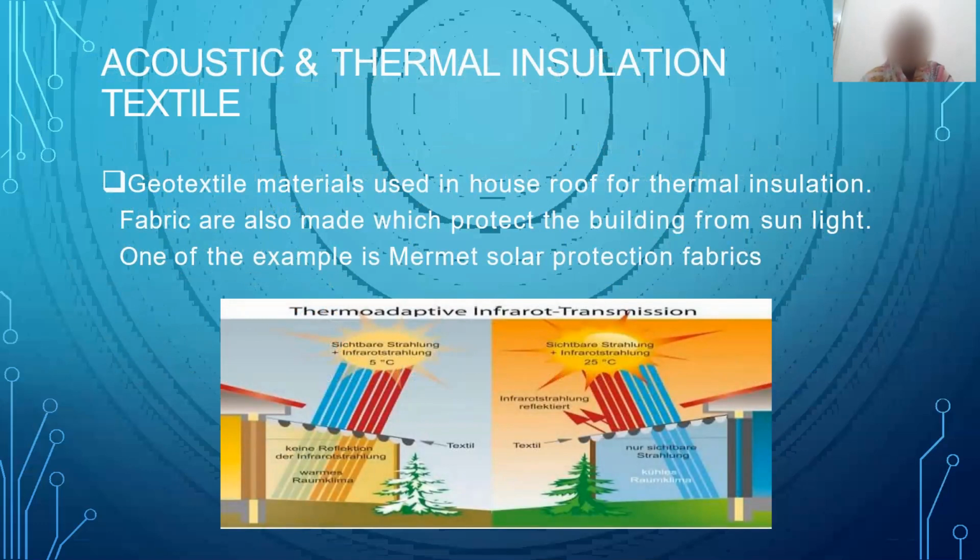Next one is acoustic and thermal insulation textile. These are designed for external and internal blinds, such as geotextile material used in a house's roof for thermal insulation. Fabrics are also made which protect buildings from sunlight, and one example, as you can see in the picture, is Mermet solar protection fabric.